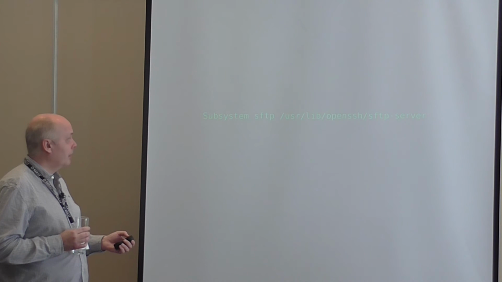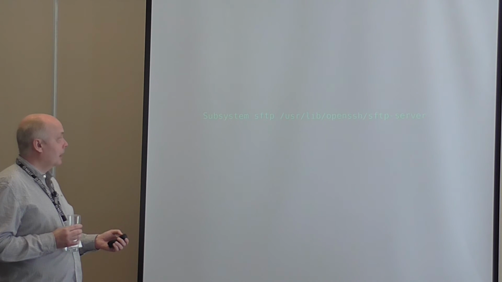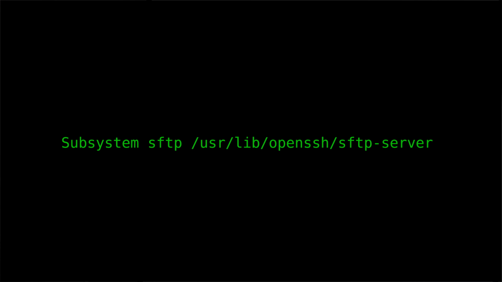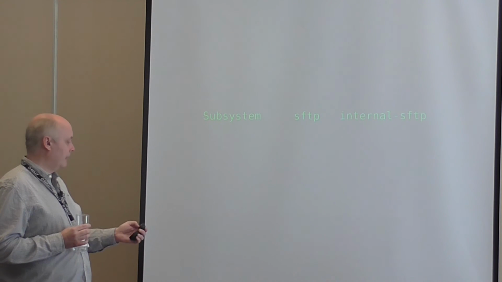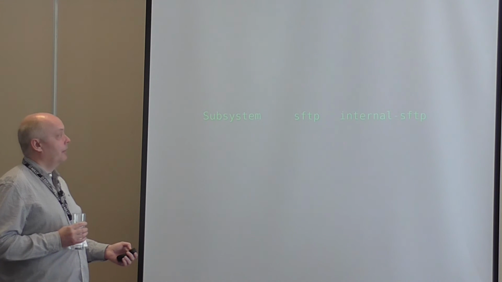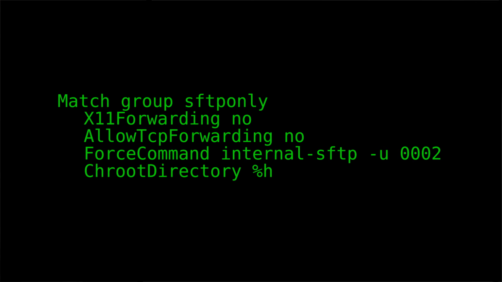Normally SFTP is fired up with a subsystem declaration here, which allows it to fire up the SFTP daemon. SFTP is syntactically very similar to FTP, but it's a lot more secure. Basically, you replace the normal subsystem command with one that ties it down into an internal one, and then you use a match stanza, which turns off X11 and turns off forwarding. The force command stanza here is similar in some ways to the command you can put in for tying down keys.